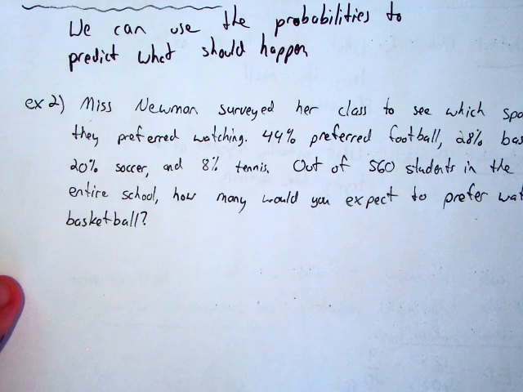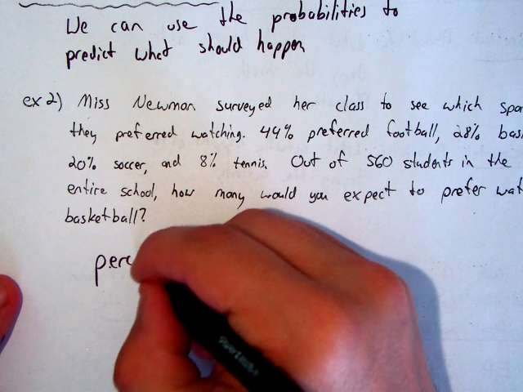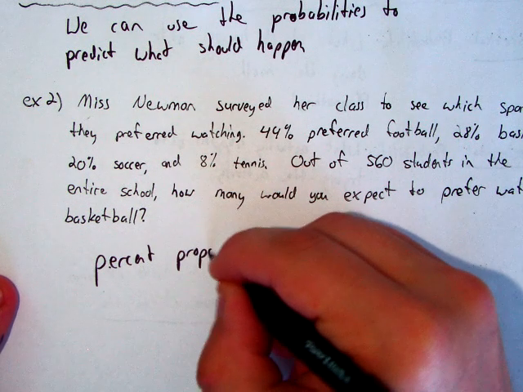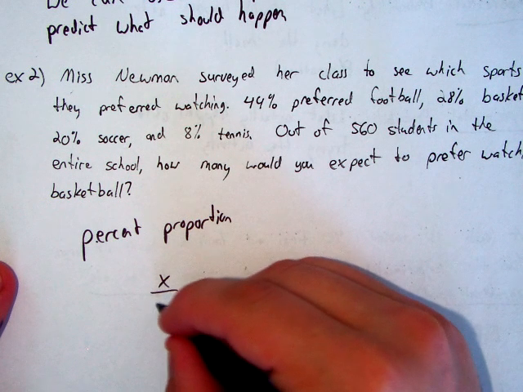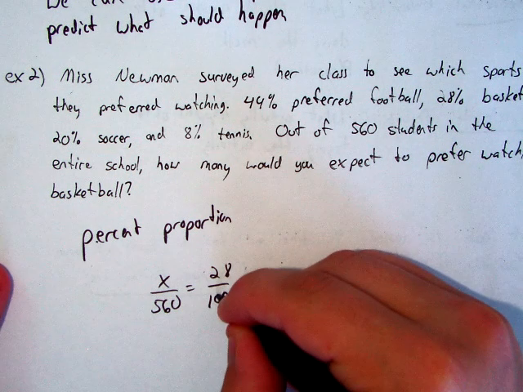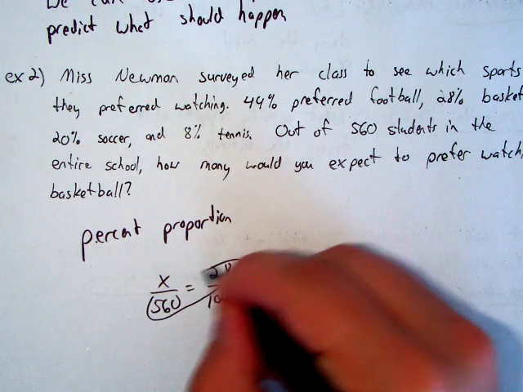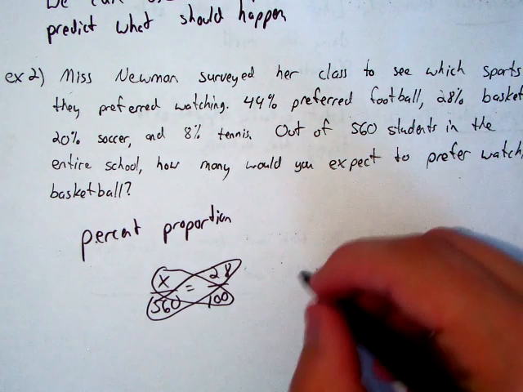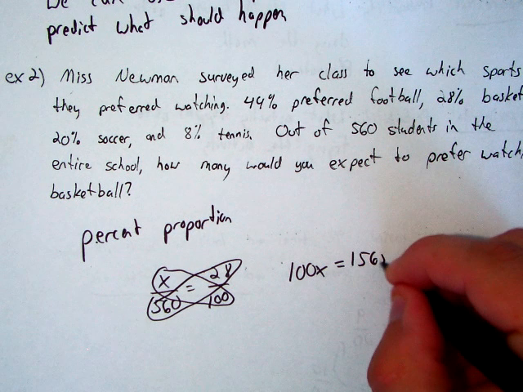So just like with lesson 5, we're going to do a percent proportion. And we're going to do the part over the whole is equal to the 28 over 100. So if we go ahead and do cross products here, the 560 times 28 and the 100 times x, we get 100x equals 15680.